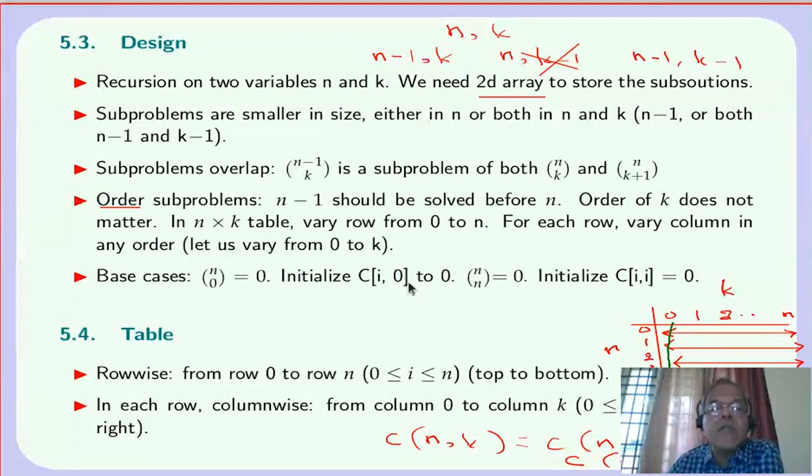So initialize C of i comma 0 to 1. Similarly, n choose n is equal to 1. Initialize C of i comma i to 1. Those will be these diagonal elements. So row wise from row 0 to row n, top to bottom, in each row column wise from column 0 to column k.